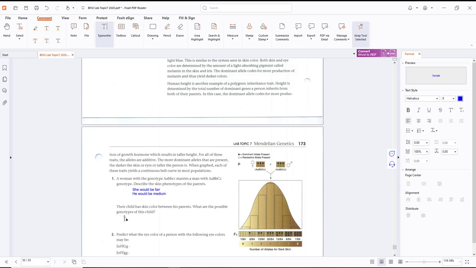So if she's, you know, A, B, C, crossed with A, B, C, what are the possible genotypes of the children? Okay, so in order to figure out what the possible genotypes of the child, we kind of have to separate all of the genes of each of the possibilities.